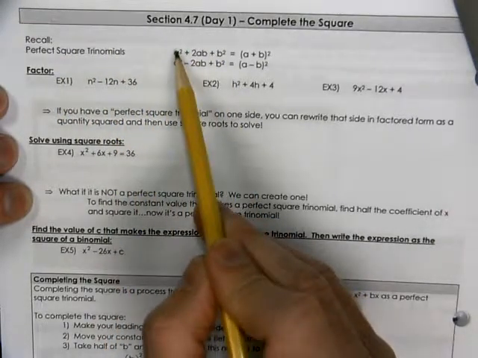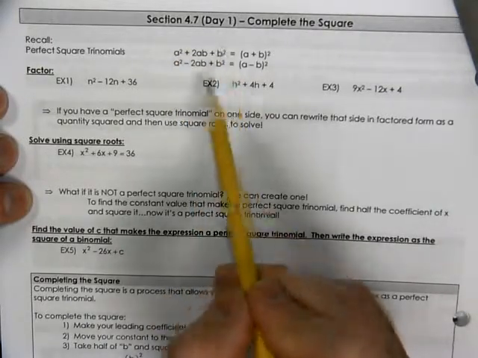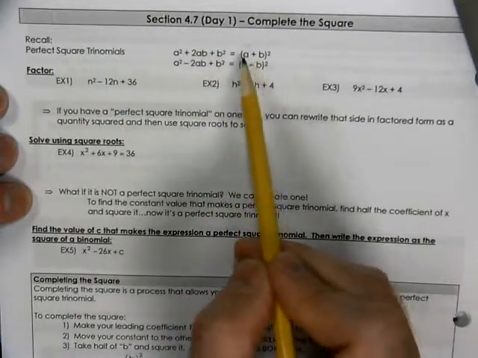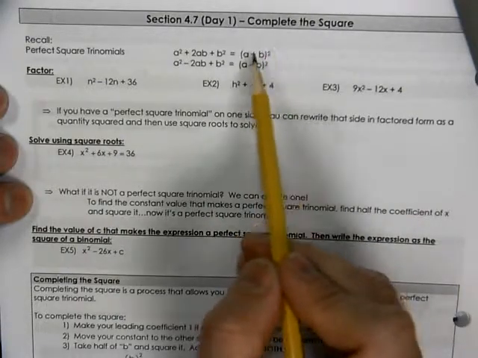If you could take the square root of the first term and the square root of the last term, and if the middle was 2 times that product, then you knew it could be represented as a perfect square. Perfect square meaning parentheses squared.